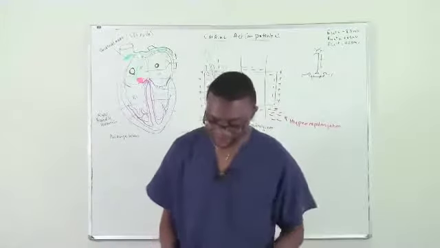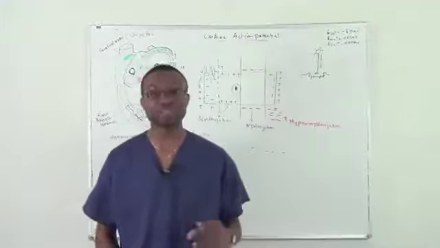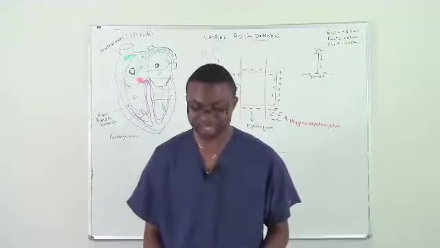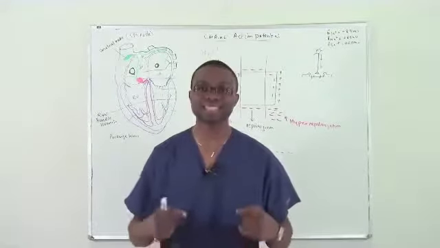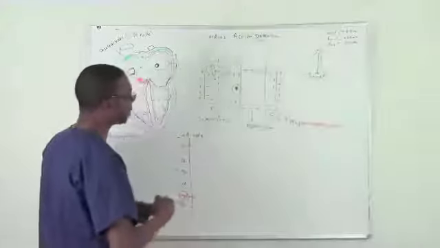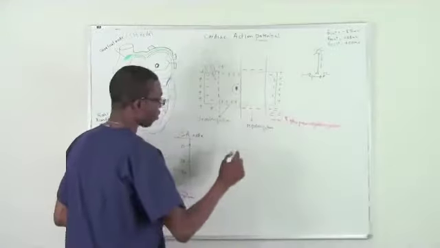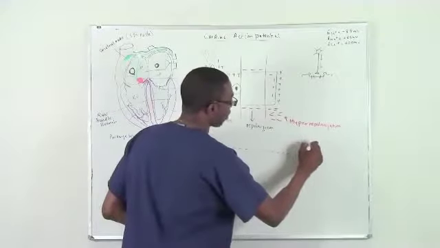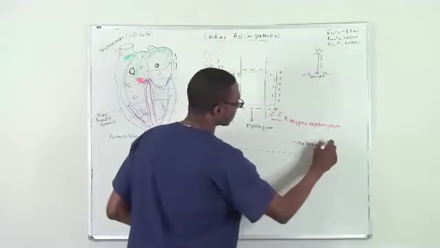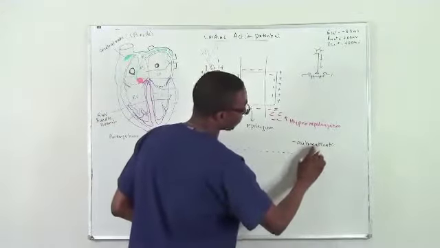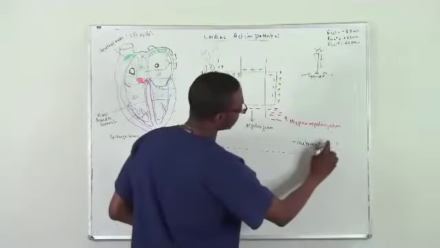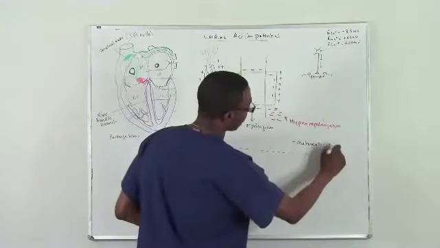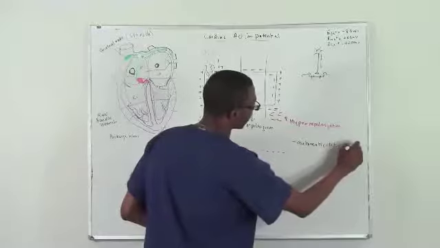So, the SA node exhibits a phase 4 depolarization, also known as automaticity. It's automatic. Automaticity, or phase 4.